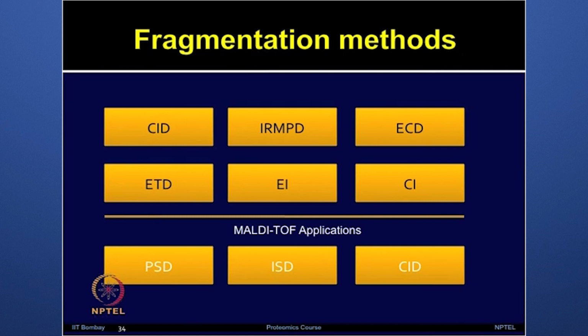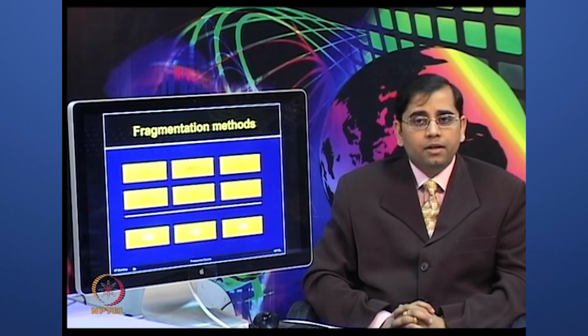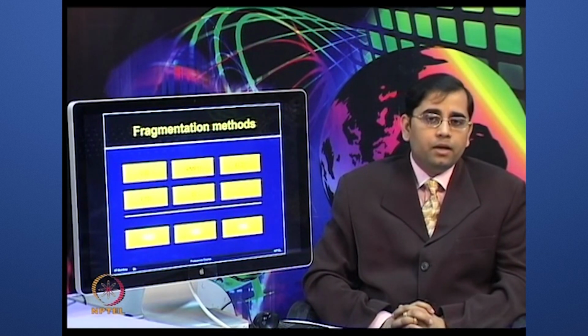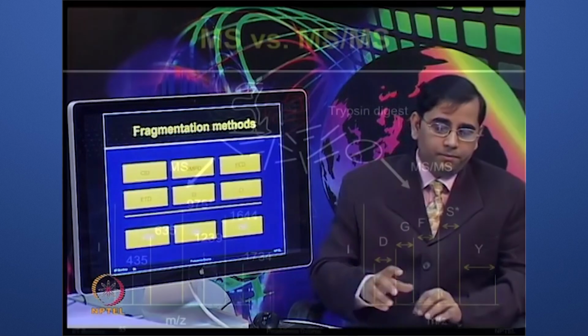For MALDI, more specifically PSD or post source decay, ISD, in source decay, as well as CID or collision induced dissociation are commonly used fragmentation methods. The most common means of ion activation and dissociation in organic and bioorganic materials is collision induced dissociation.